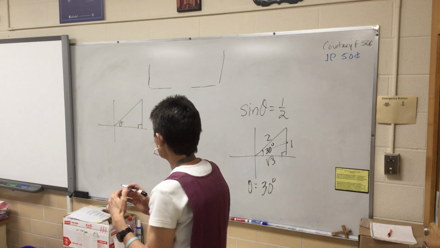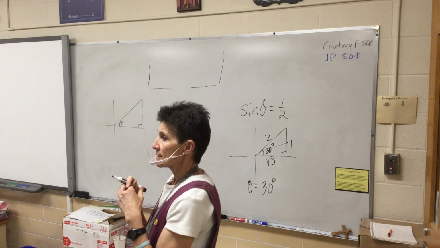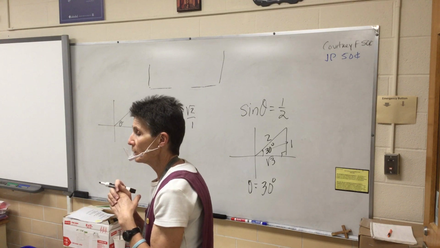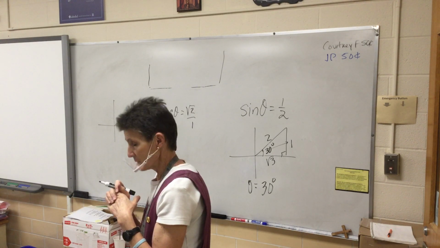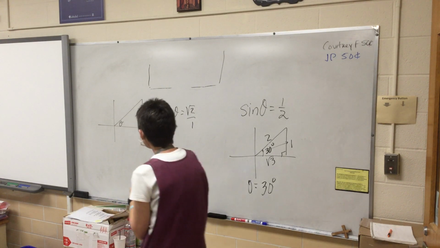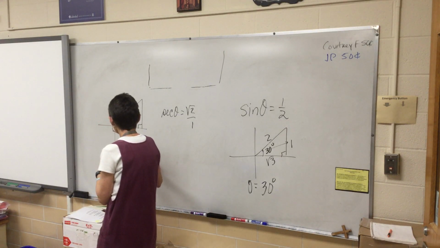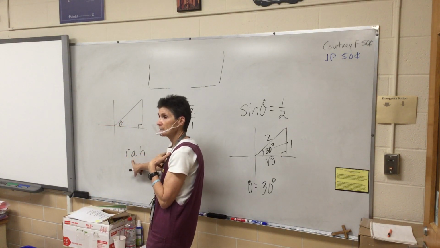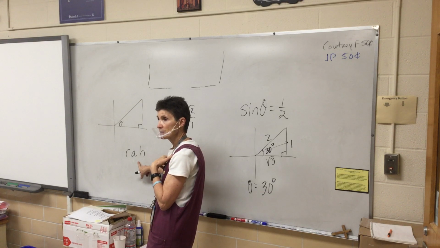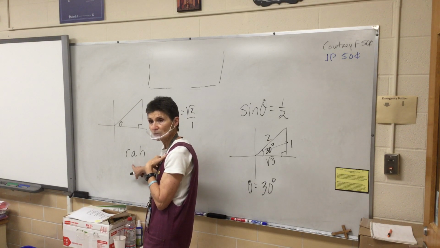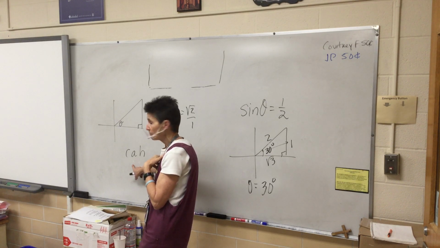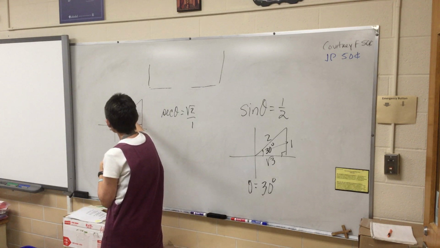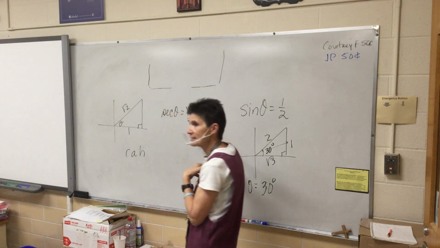Now, secant. Secant is reciprocal of cosine. Cosine is adjacent over hypotenuse. So secant must be hypotenuse over adjacent. So hypotenuse over adjacent is my secant.